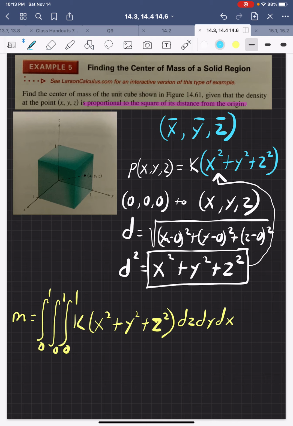We'll start integrating with respect to z, from 0 to 1, 0 to 1. You can bring that k out front since it's a constant. And let's go. We're integrating with respect to z, treating x and y as if they were constants. So that's x squared z plus y squared z, plus z to the power of 3 over 3.